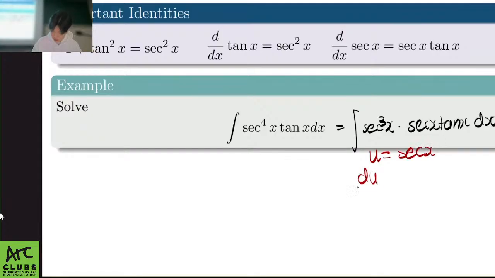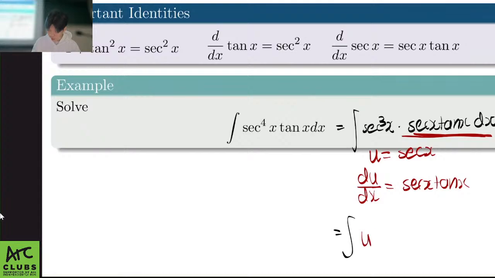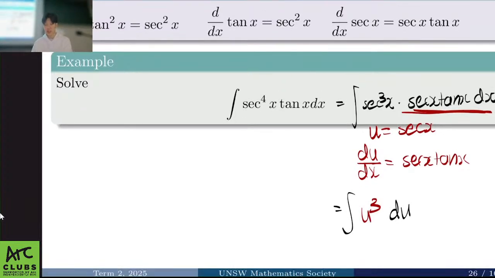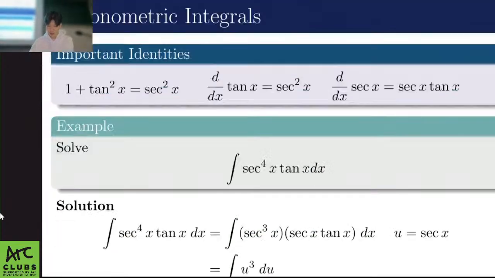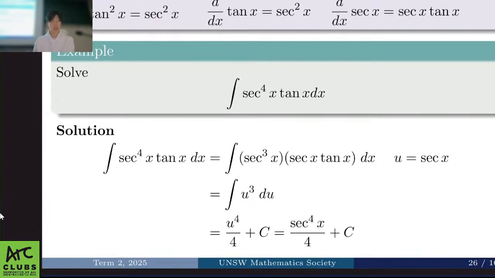That means du on dx is going to be sec x tan x, which is right here. So I can rewrite the integral as u cubed du, because sec x tan x dx is du. So then this is just a quarter u to the power 4 plus c, which is sec to the power 4 x on 4 plus c. So that's how we can use trig identities.